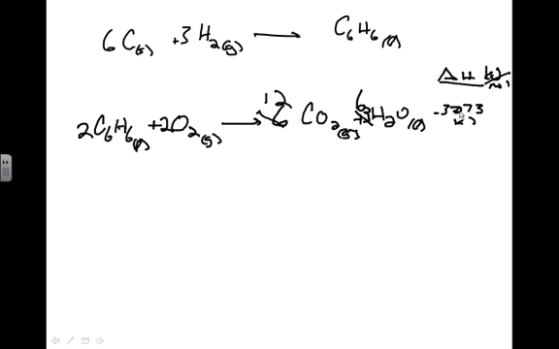Okay, so it's negative 3,273 kilojoules per mole. Anybody see anything wrong with that? What's wrong with that number? So the enthalpy of combustion of C6H6 is 3,273 kilojoules per mole. Yeah, there's 2 moles here though. So what should you do to this number? You got to double that or multiply it by 2. Okay, so you have to double that.